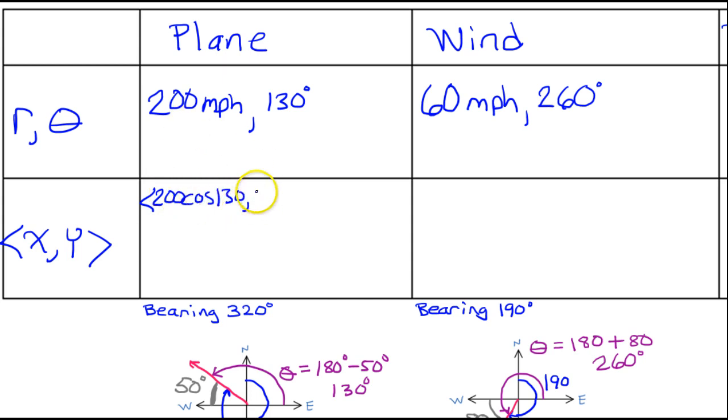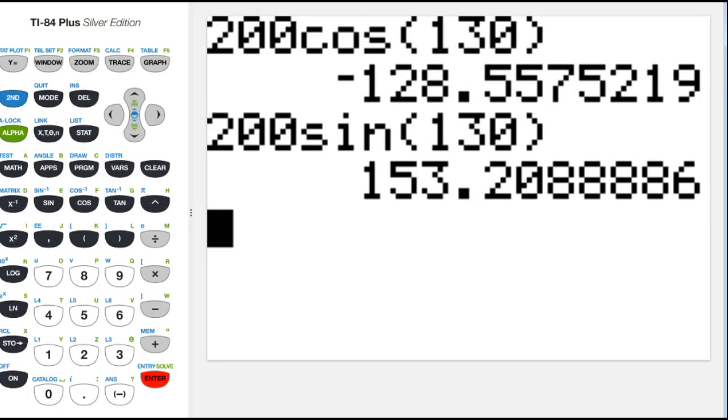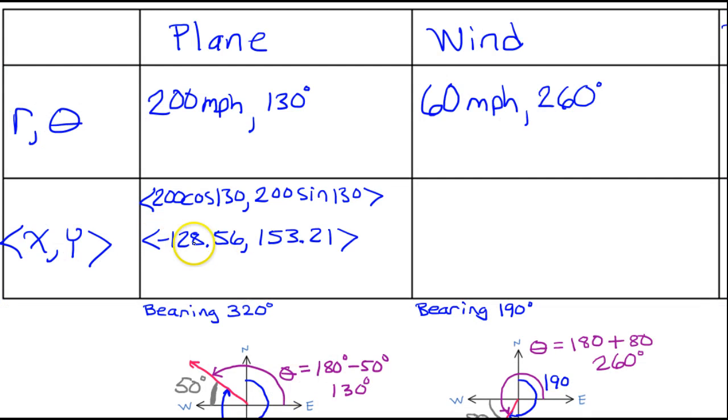And r sine theta will be 200 sine 130. Calculator. So these are the values that we're going to get, negative 128.56 and 153.21. So there's your component form for the plane velocity.